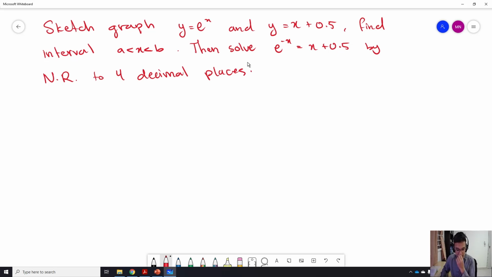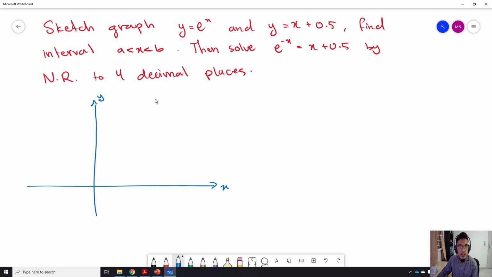So what we need to do first is to sketch the graph. The graph of y is equal to e to the power of negative x will intersect the y-axis at y equal to 1.